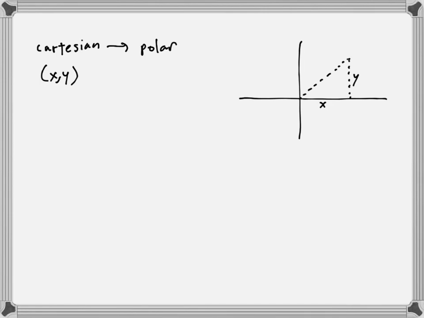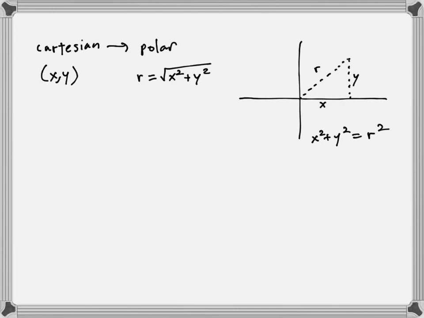We need to find a relationship, okay? We also need to figure out the r here. So how would we find r if we know those two? Well, we know by the Pythagorean theorem that x squared plus y squared is equal to r squared. So if we know x and y, we should be able to find r. But what would r then be? Well, r is equal to the square root of x squared plus y squared.